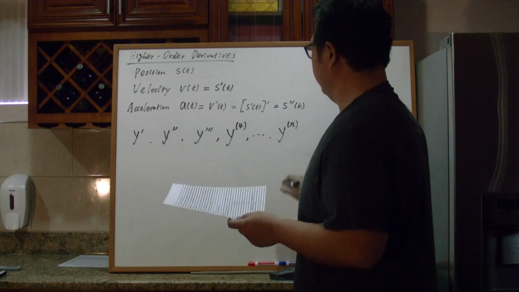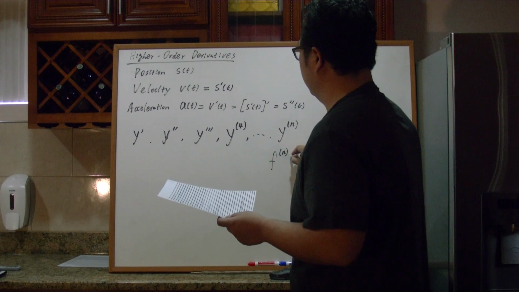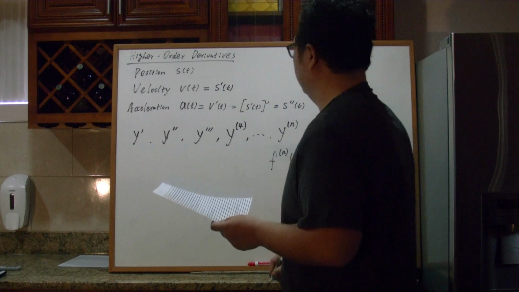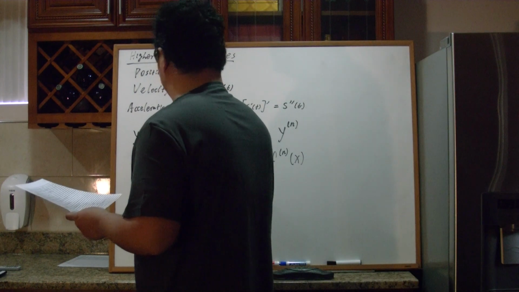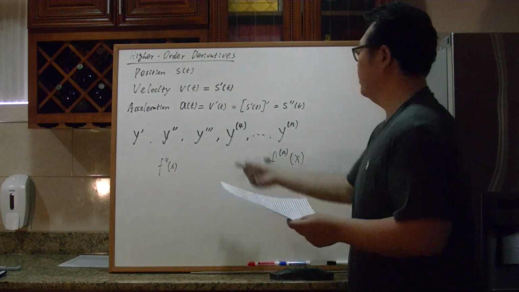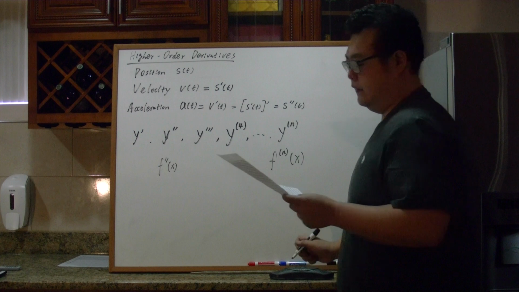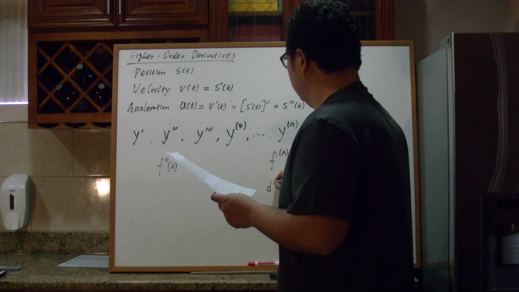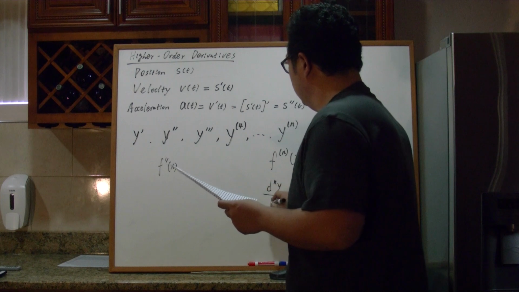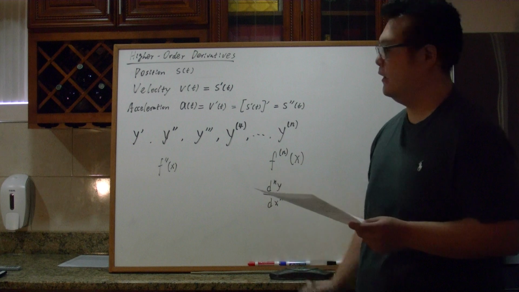The notation is similar for the function: first derivative, second derivative, or nth derivative of x. Double prime of x is the most commonly used. Triple prime, fourth prime, nth derivative. Or sometimes we also use the nth derivative of y with respect to x.